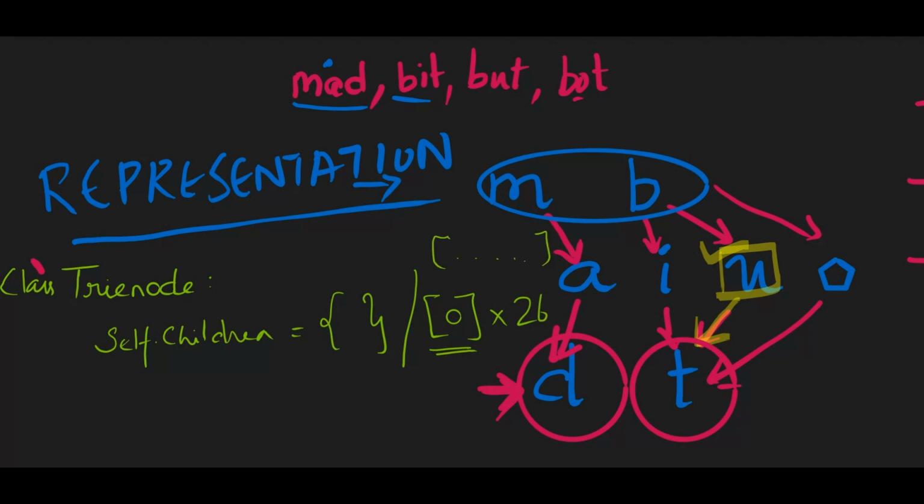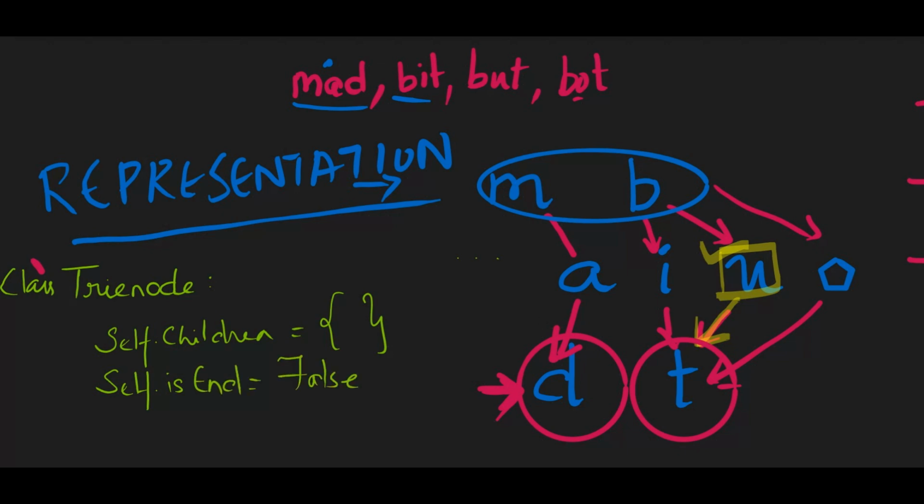You can have that as well. One place for each of the characters from A, B until Z. But we're going to stick with the map implementation for this video. So we have self.children, which is a map, and then in the end we have a flag which says if this is the end of a word, which initially is a false value. So this will be our trie node.